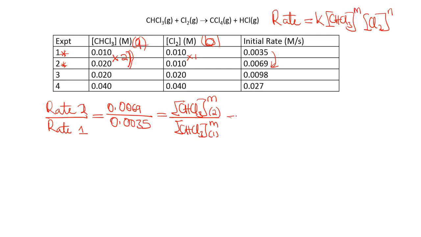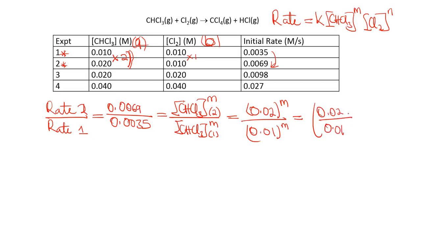Instead of concentration as written like this, you can use numbers: 0.02 to the power m over 0.01 to the power m. But this can be written as 0.02 over 0.01 to the power m, or in other words, 2 to the power m. So we are saying rate 2 divided by rate 1 is equal to 2 to the power m.